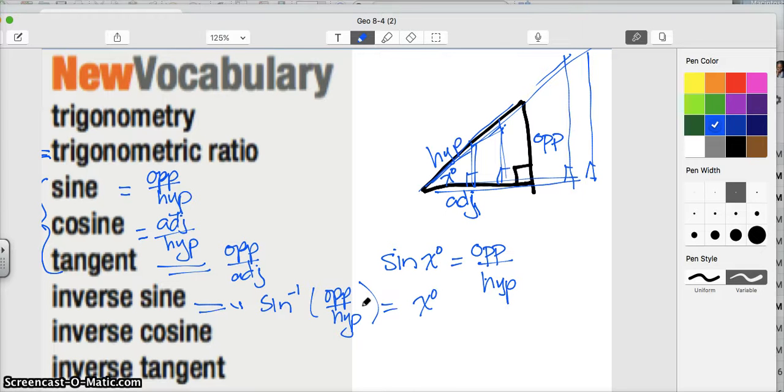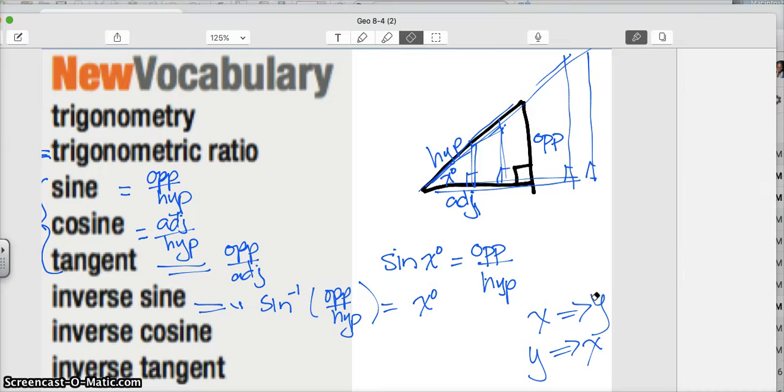All right, so inverse functions, if you remember from algebra, basically mean if you start off with x and you lead to y, then the inverse will start you off with a y value and lead to x. So it kind of just flip-flops. Stay with me.